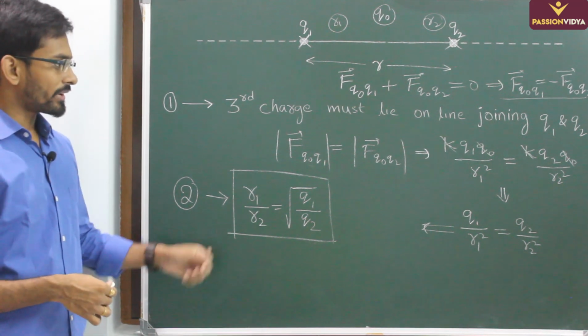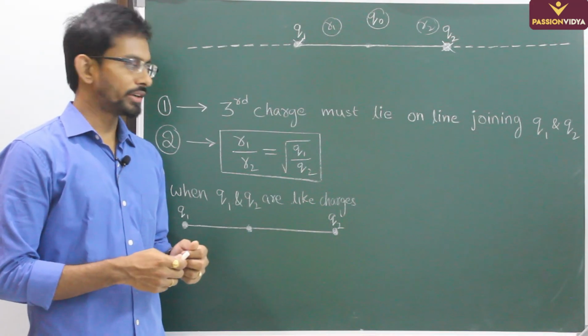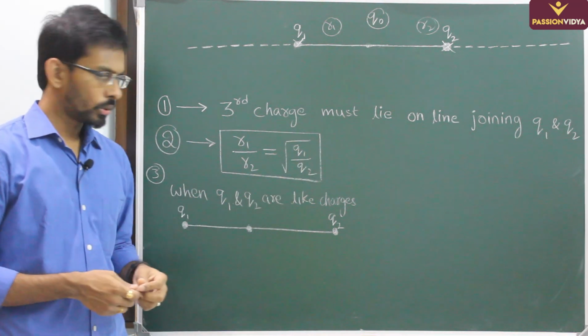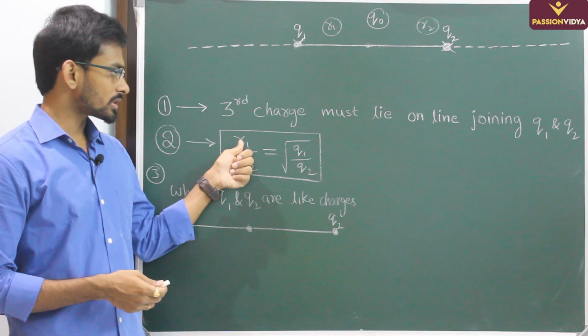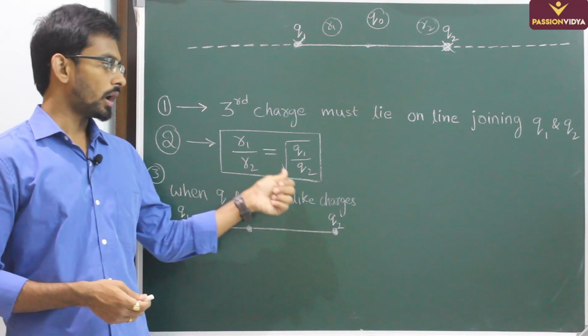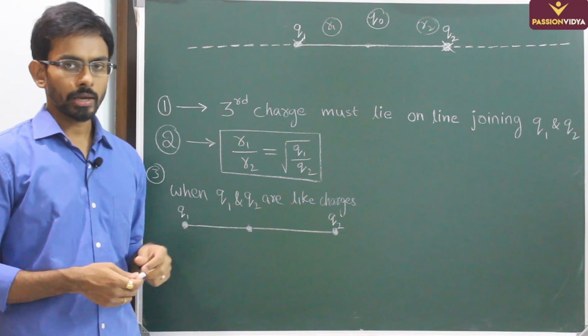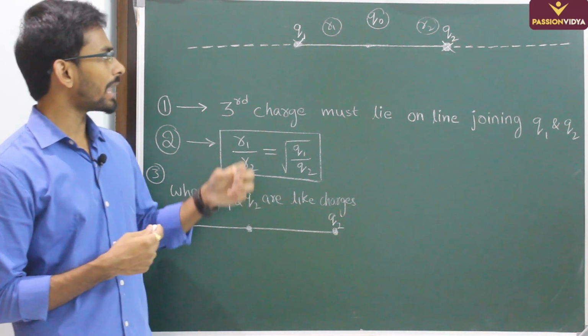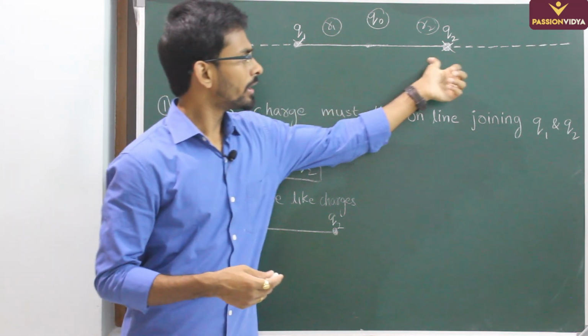So now we have two conditions: the third charge must lie on the line joining Q1 and Q2, and the ratio of distances has to be R1 by R2 equal to under root of Q1 by Q2. To satisfy these two conditions, the charge may lie anywhere on this line.